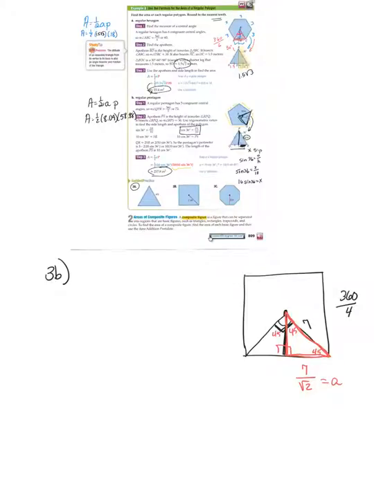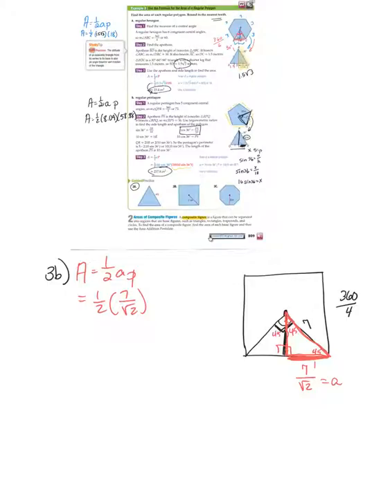Okay? So my area is 1/2 the apothem times the perimeter. The apothem we just found is 7 over root 2. Now, since this particular length is 7 over root 2, this length, since I've got an isosceles triangle, is also 7 over root 2. How many 7 over root 2s will it take to make the perimeter of this thing?